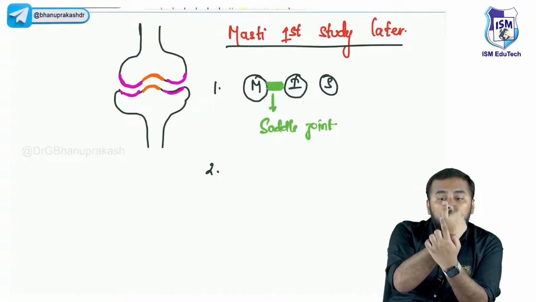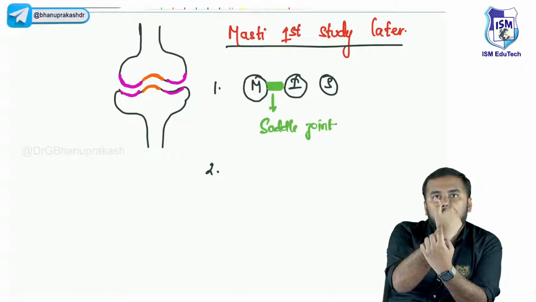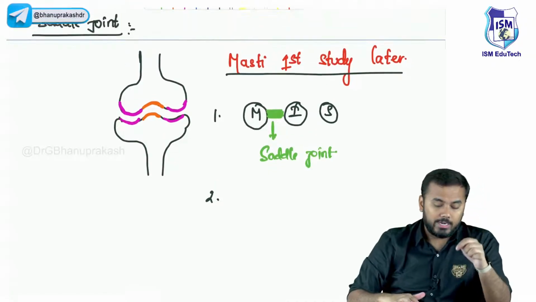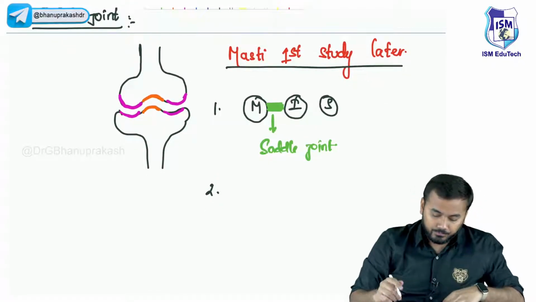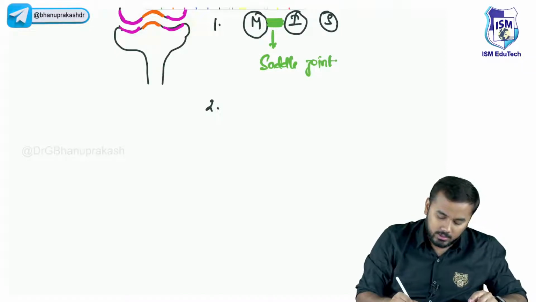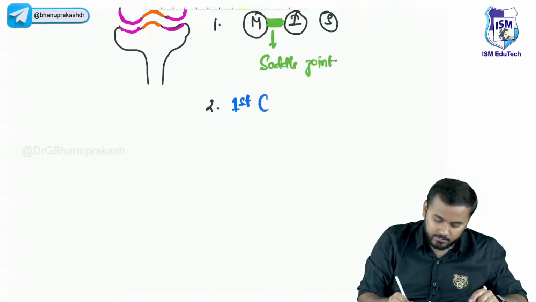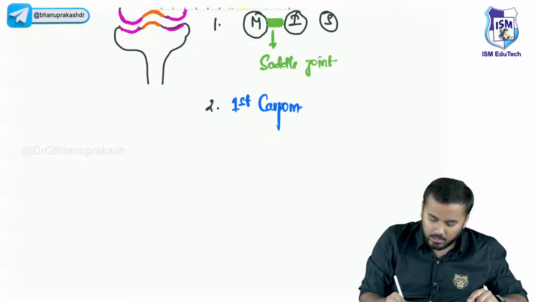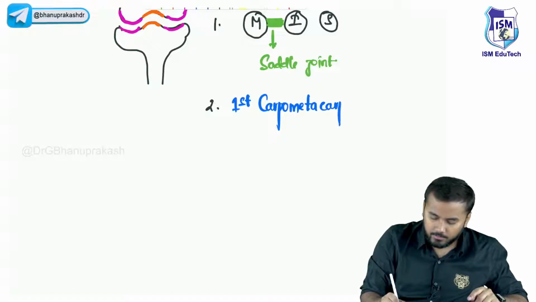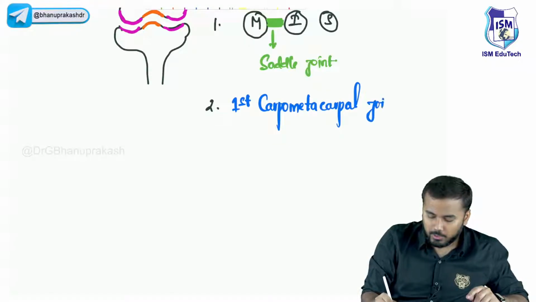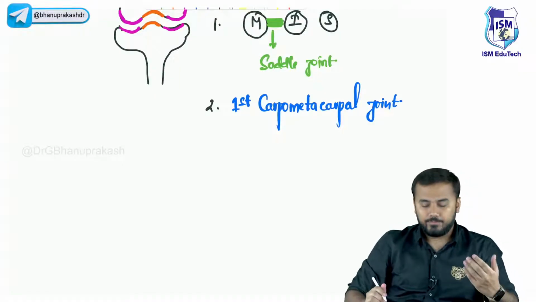The first carpo-metacarpal joint, or joint of your thumb, is a saddle joint.